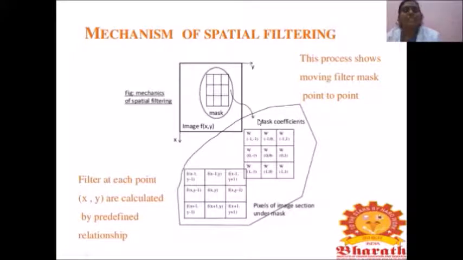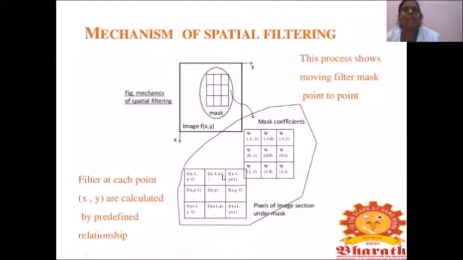The mask coefficients are placed over the pixels and a predefined mathematical operation is performed for a particular pixel. Here the operation is performed for f of x comma y, that is w of 0 comma 0, right? It is the sum of the products. For example, the first coefficient of the mask is multiplied by the first pixel of the image, that is w of minus 1 comma minus 1 into f of x minus 1, y minus 1.